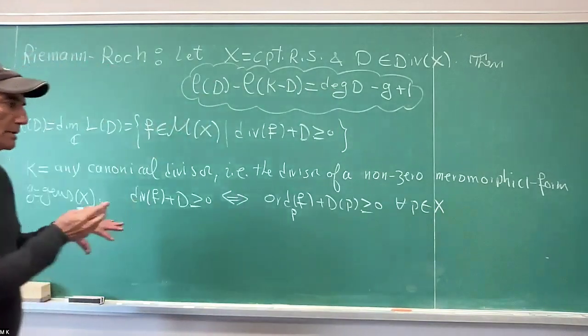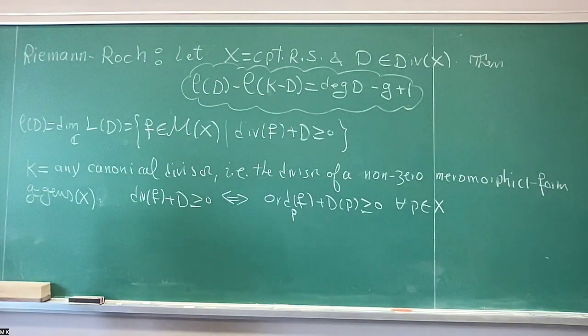So then this goes in the opposite way. If D of P is negative, then F has to be holomorphic at that point with a zero of a certain order, which should be bigger than or equal to negative D of P. Okay?